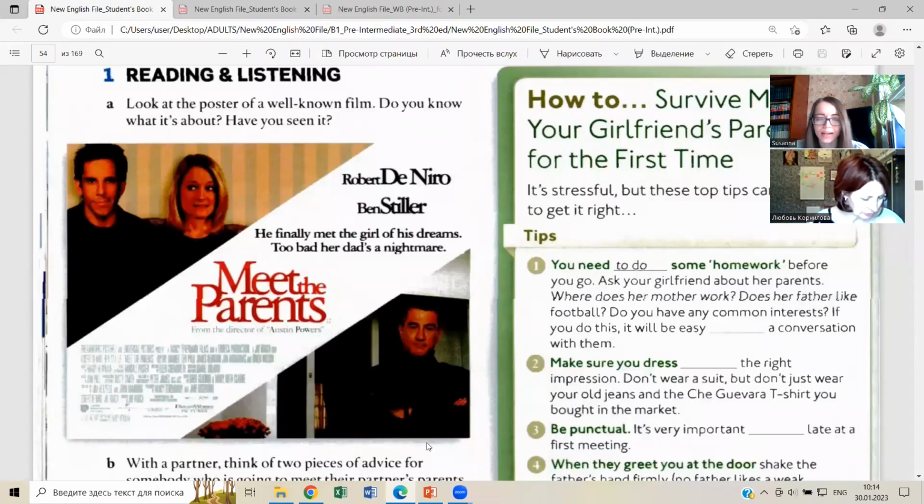Here you see the poster of a film. It is called Meet the Parents. Have you watched this film? Have you seen it? I'm not sure. Okay. Look at the poster.